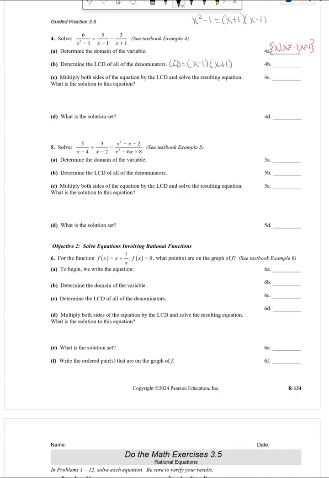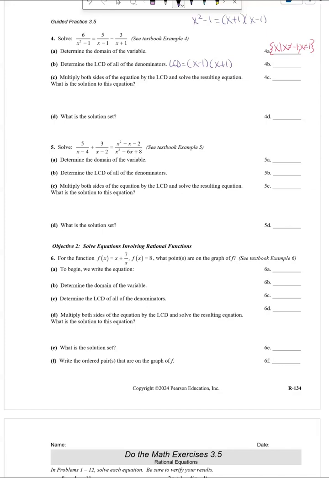So these are the factors of the difference of squares. Now we multiply both sides of the equation by the LCD and solve the resulting equation. And then what is the solution of the equation?